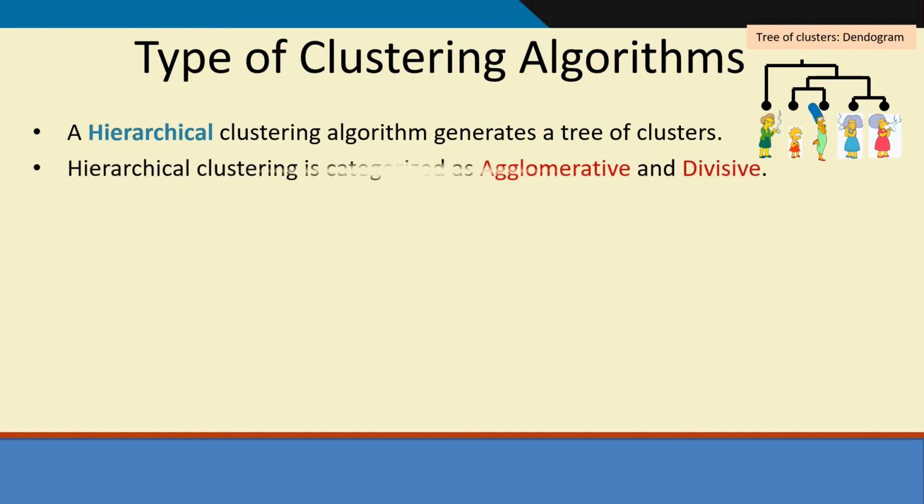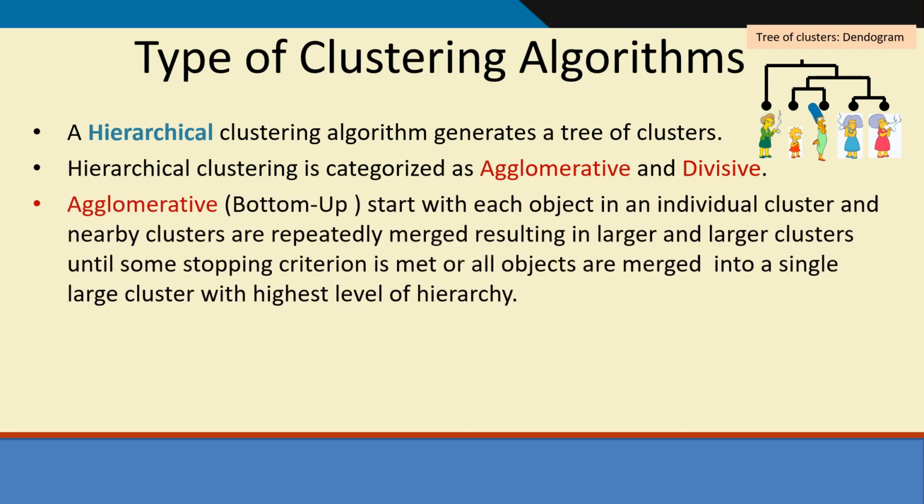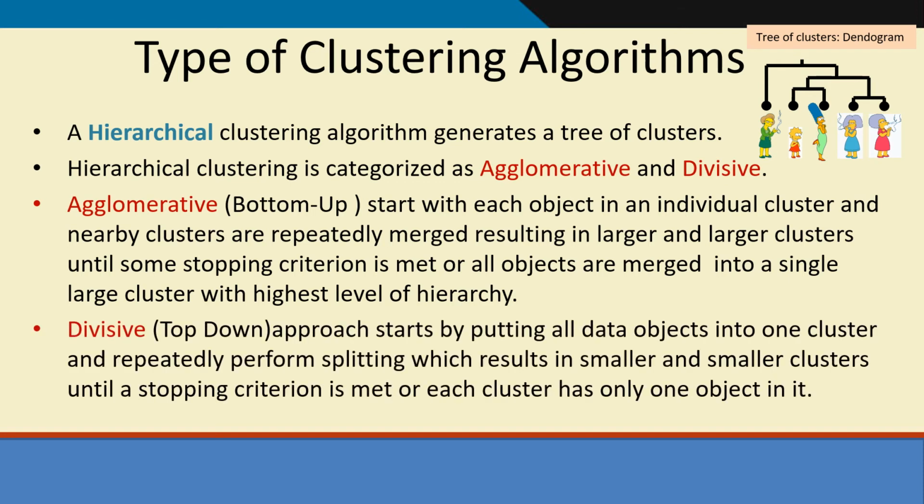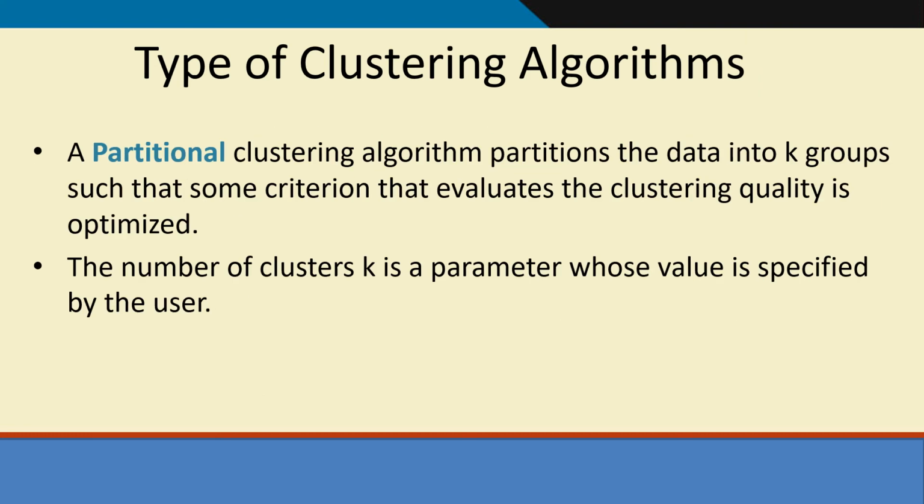In the divisive approach, we put all the data points in one cluster, and then repeatedly split them into smaller and smaller clusters until a stopping criterion is met or until each point becomes a cluster in itself. In partitional clustering, we start partitioning the data into K groups, wherein K would be specified by the user itself.